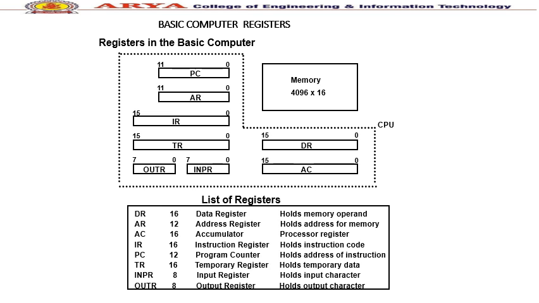This is the table listing the registers: DR, 16-bit data register; AR, 12-bit address register; accumulator, 16 bits; IR, instruction register, 16 bits, holds instruction code; PC, 12 bits, program counter, holds address of instruction; TR, 16 bits, temporary register, holds temporary data; INPR, input register, 8 bits, holds input character; OUTR, 8 bits, output register, holds output character.